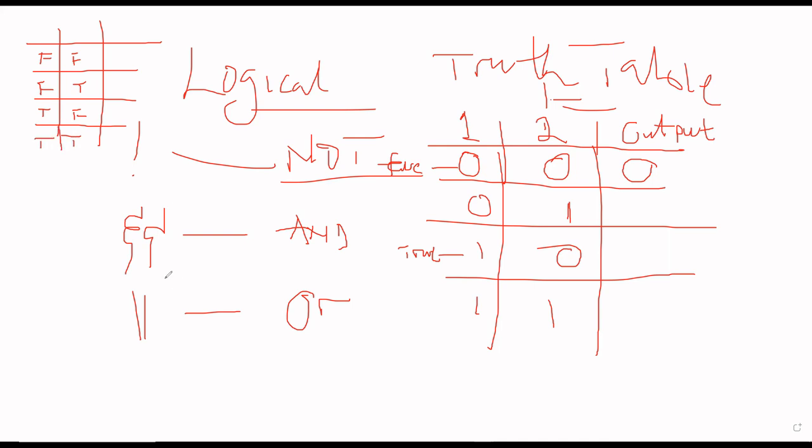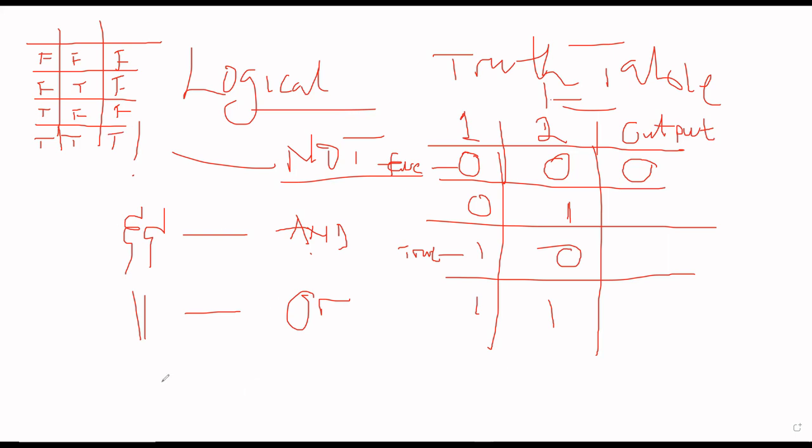So if one of the inputs is false, just one, and will return false to you. False, false, false. For and to return true, all the inputs must be true.